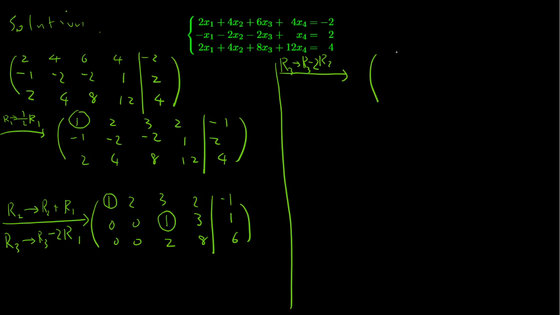The first row is the same. I think 1, 2, 3, 2, negative 1. The second row is also the same. We want that location to be 0.